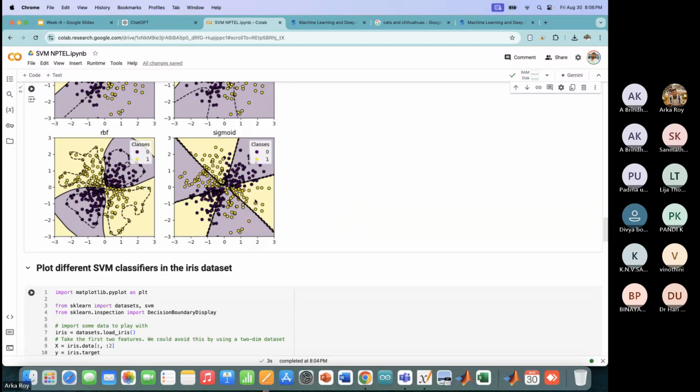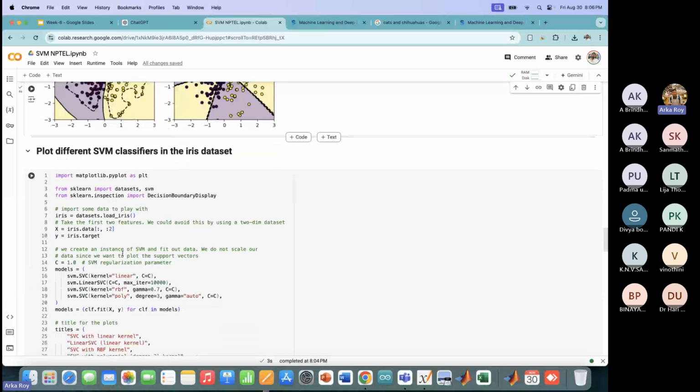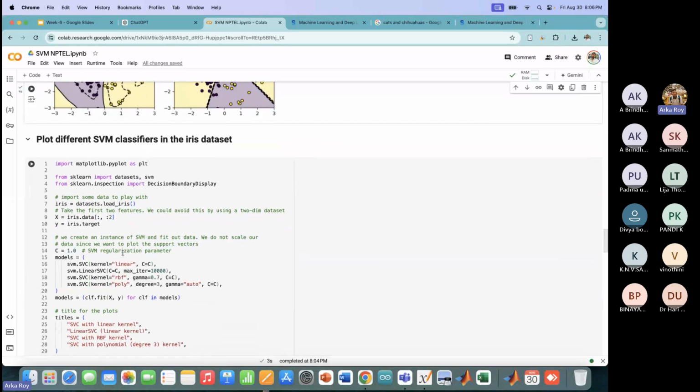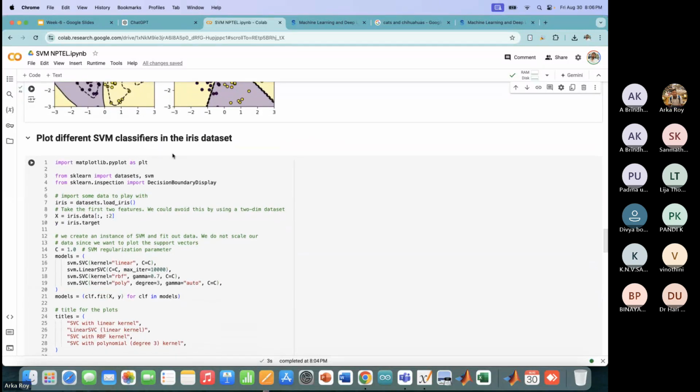So this was for a synthetic dataset. Now let us move to a standard dataset, which is the IRIS dataset. The IRIS dataset is a predefined built-in dataset that is there in the scikit-learn package itself.